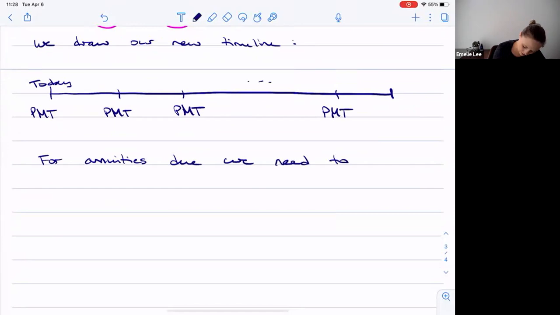we need to adjust for the extra interest that we make. Let's think about investments.